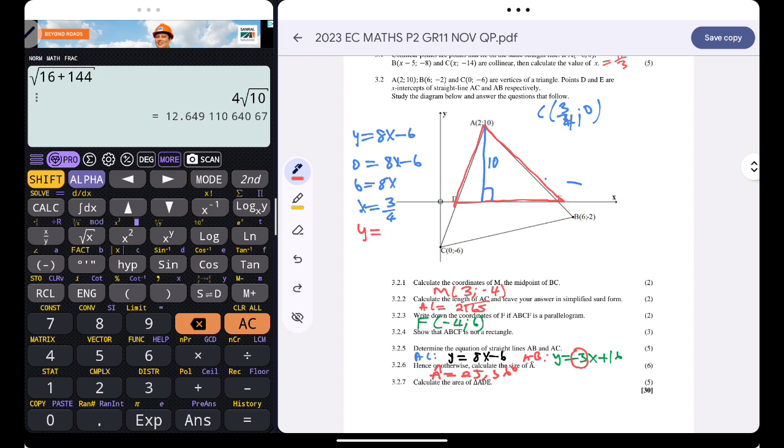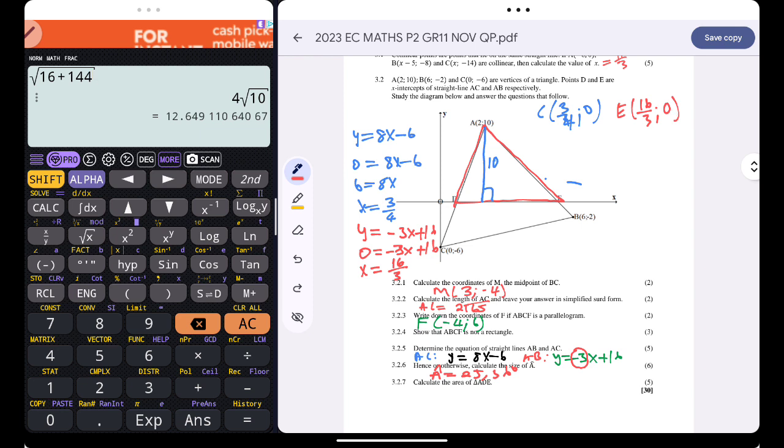The equation is negative 3x plus 16. For me to find the x-intercept, y is always 0 on the x-axis, so x will be 16 over 3. So the coordinates of E are 16 over 3 and 0.